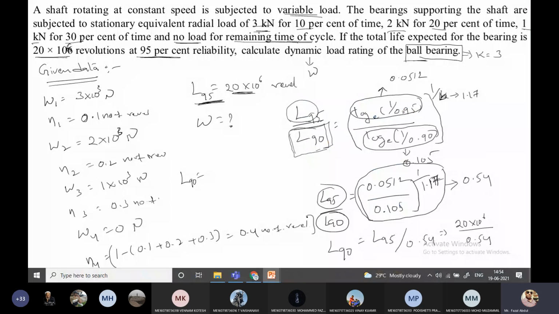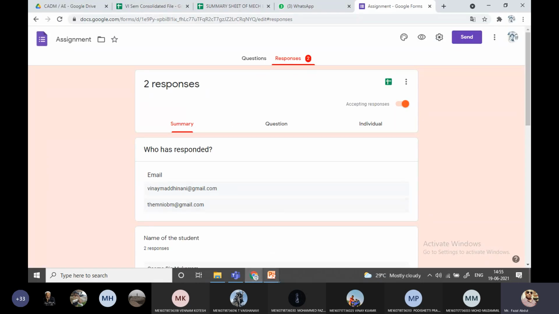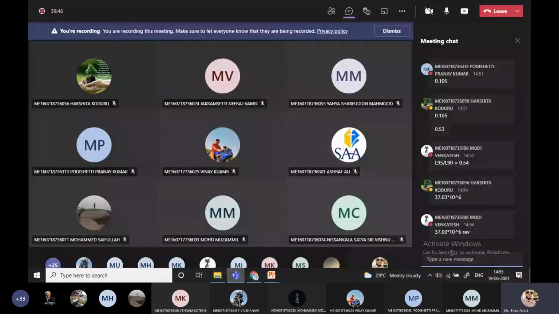Everything is written on screen. Just tell me the life of the bearing for 90% reliability, how much? Because the question is given 20 into 10 to the power of 6 revolutions for the 95% reliability, so we are calculating 90% reliability. Just tell me the L90 value. 37.07 into 10 to the power of 6. Very good.